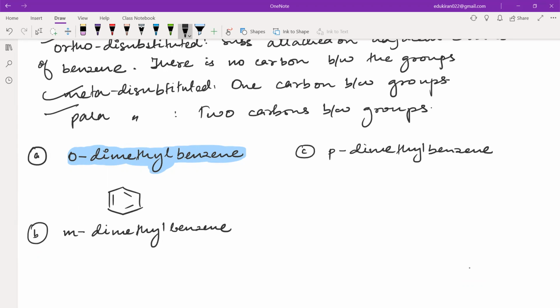Now, what is the substituent? Methyl. How many methyls? 2. Okay. So first of all, एक CH3 कहीं भी बना दीजिए आप. Now, where will be the other methyl? First, 1, 2, 3, 4, 5. On which of the carbons can I put the second methyl? 3. 3.